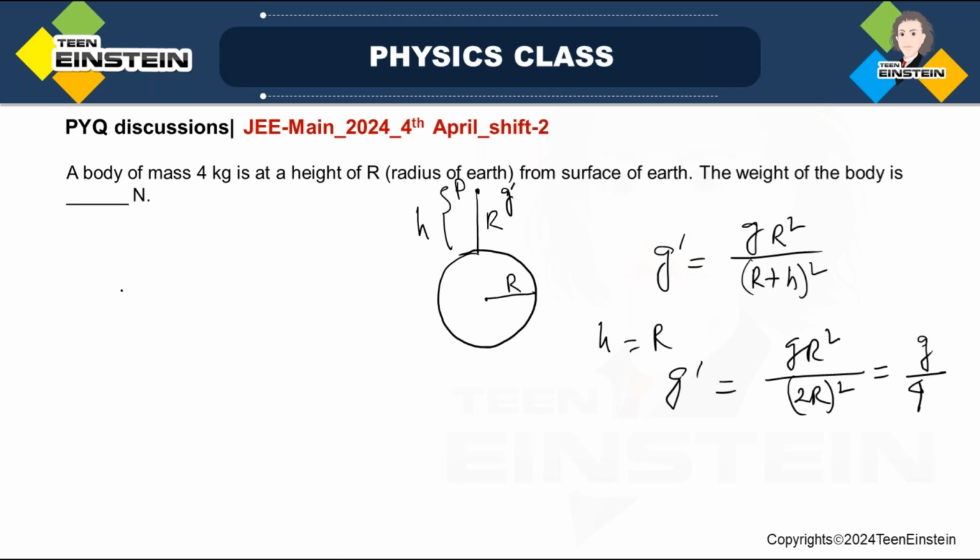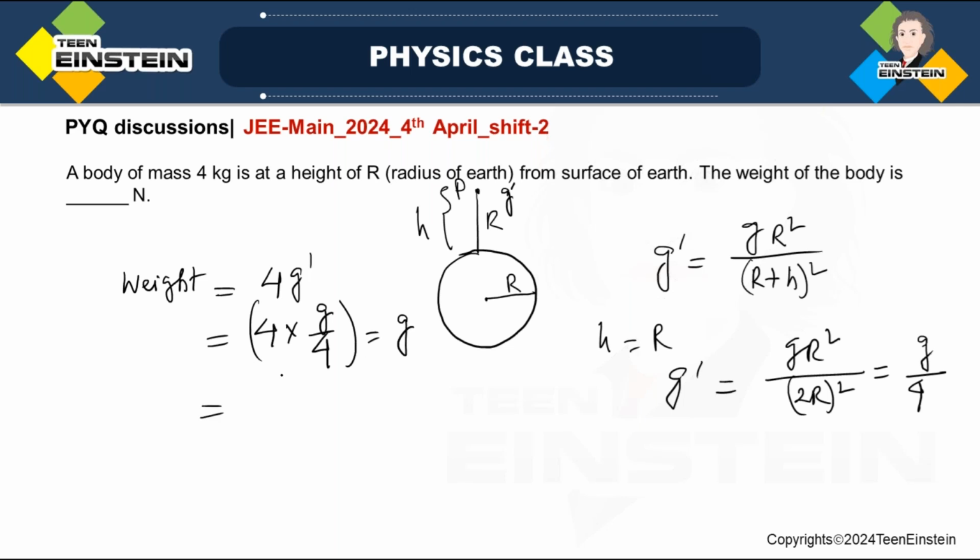Then what is the weight? Weight will be 4 into g prime. That means 4 into g by 4. This is becoming equal to g.